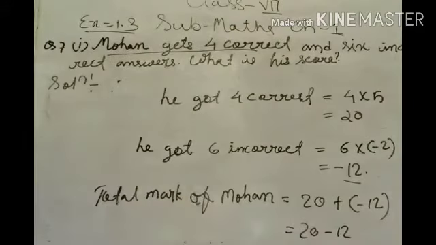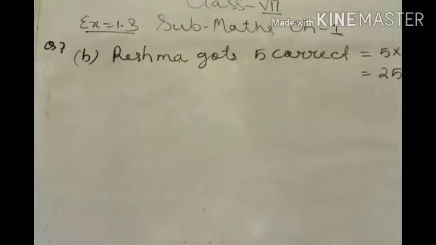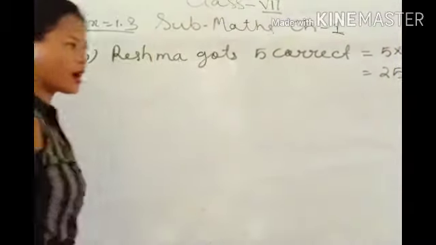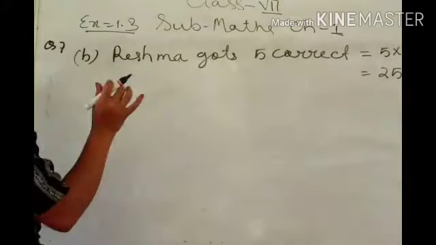Now the next question. For the next question, Resma gets 5 correct answers and 5 incorrect answers. So what is her score? So question number B is Resma got 5 correct answers and 5 incorrect answers. So for correct answers, how many marks? 5 into 5, 25.